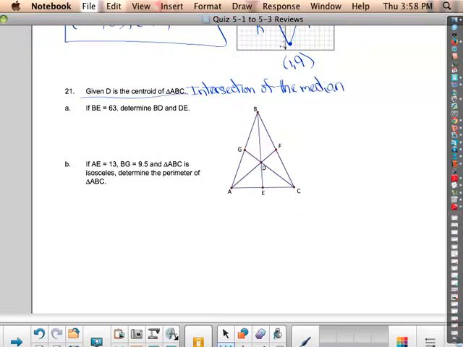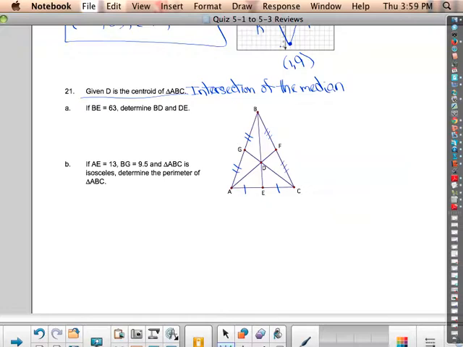If it's the intersection of the medians, that means each of those sides is bisected. So AE is congruent to EC, and then BG is congruent to GA, and BF is congruent to FC. And that's the information that you get from the fact that it's a median.